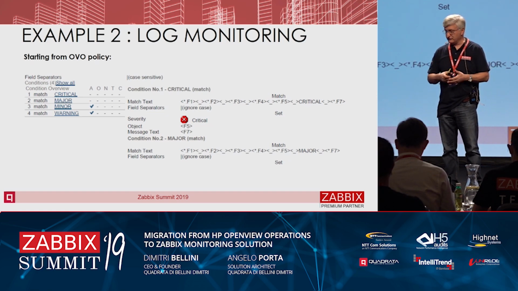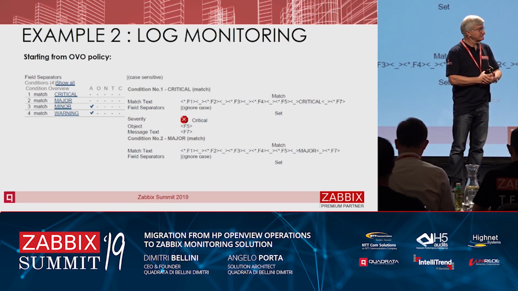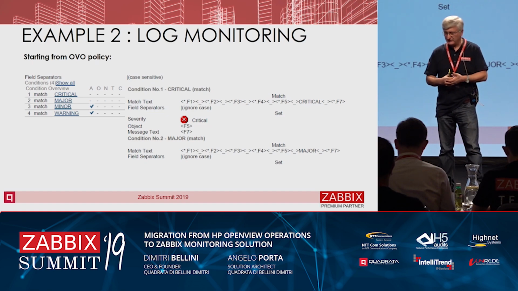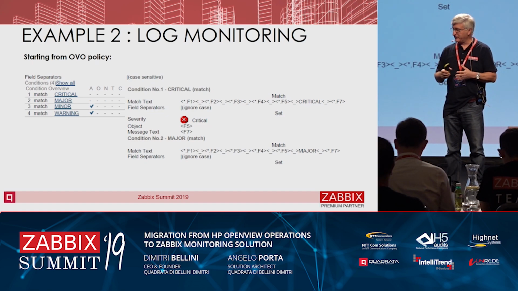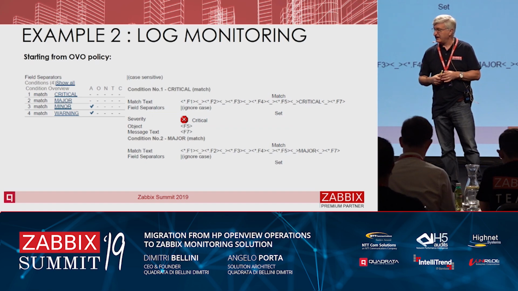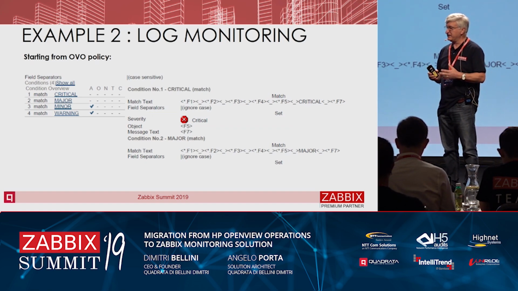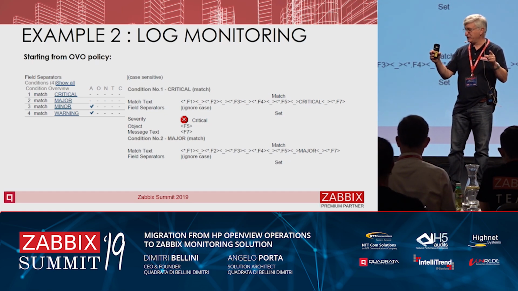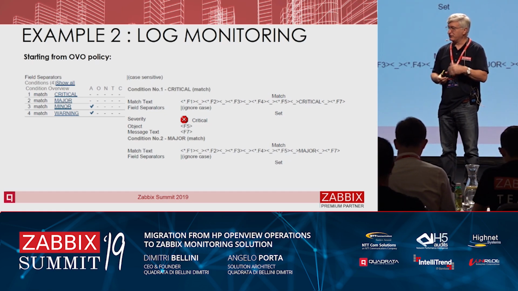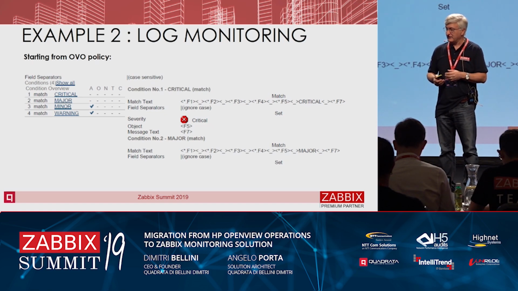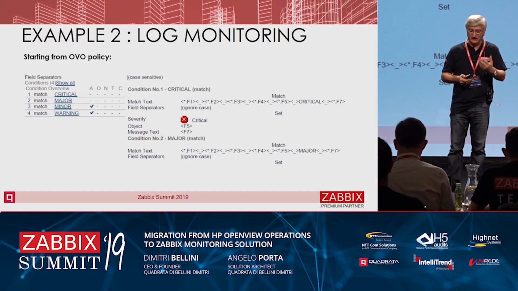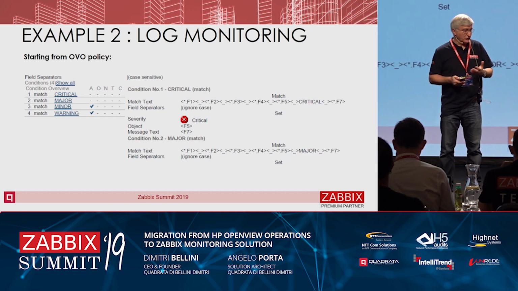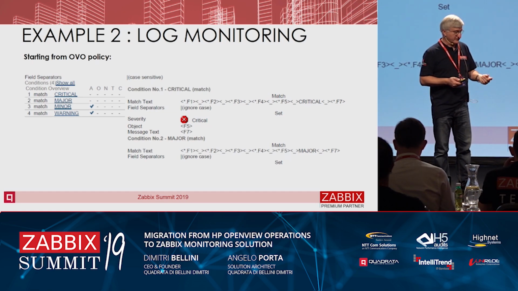It is comparable to a regular expression, but with a particular syntax. And there is also the message text. The message text is what happened, what is shown in the problem dashboard. And that's all for all these conditions. In a single policy, we can have even 100 different conditions.